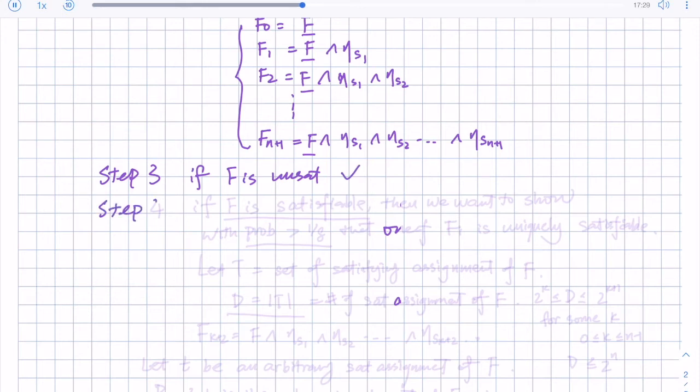Step 4, if F is satisfiable, then we want to show with probability greater than 1/8 that one of the Fi is uniquely satisfiable.